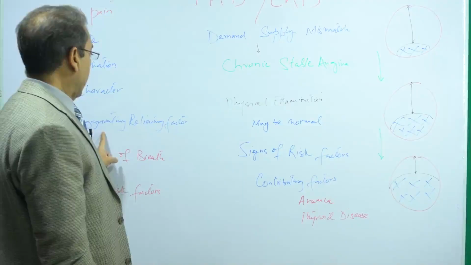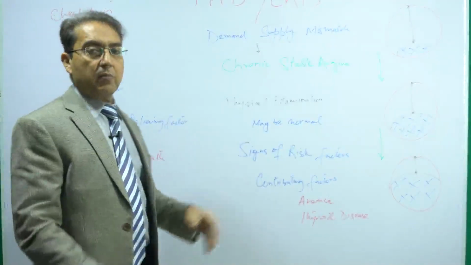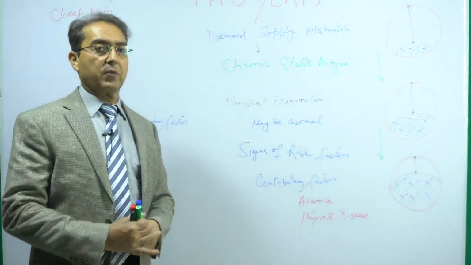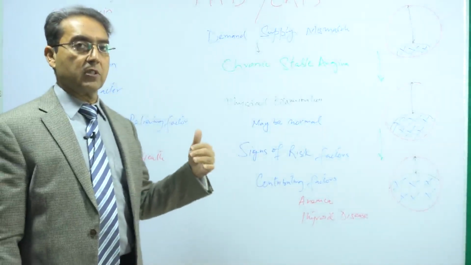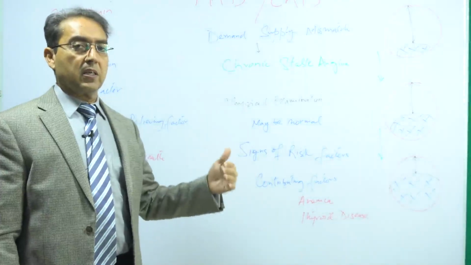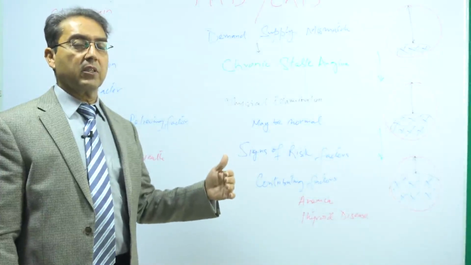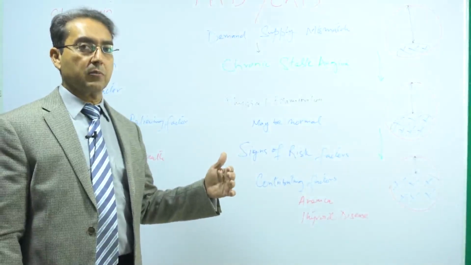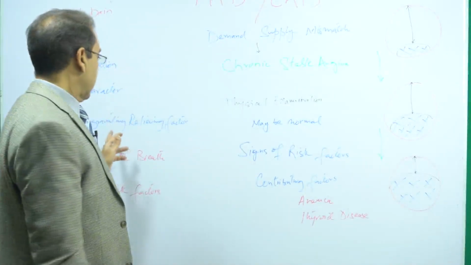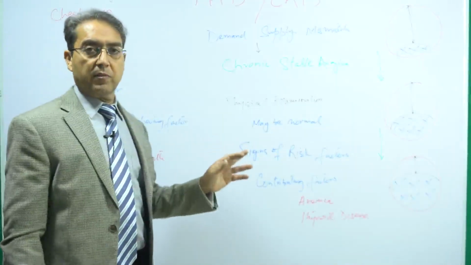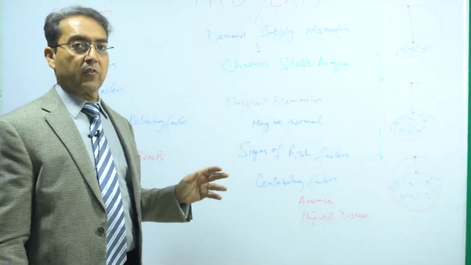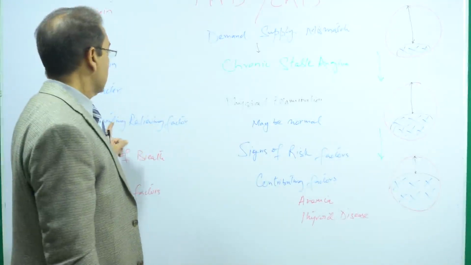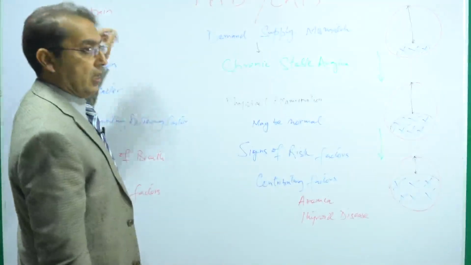Now this pain is aggravated by maneuvers which increase heart rate. For example, if the patient starts exercising, starts walking, and after some time, as the heart rate increases and the critical level is achieved, the patient starts having symptoms. Or if the patient is excited or anxious for whatever reason, the symptoms may start coming in.